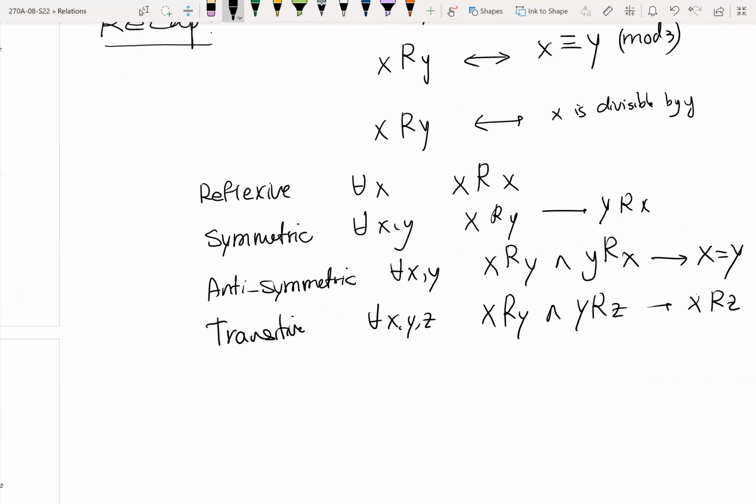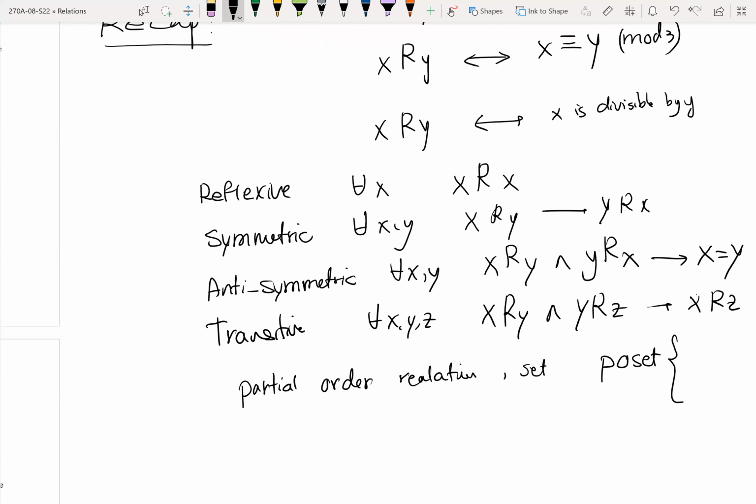We have had two types of relation. It could be a partial order relation, which with the set is called a PO set, partial order set. So a PO set means partial order relation.